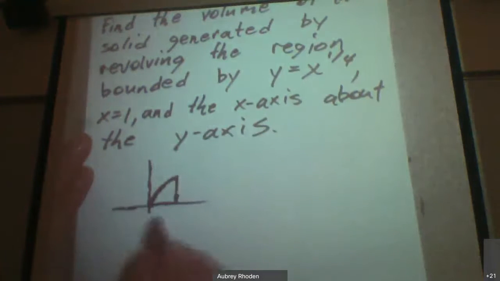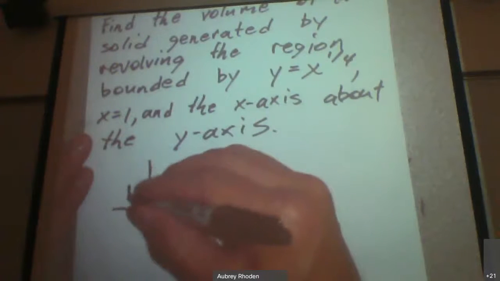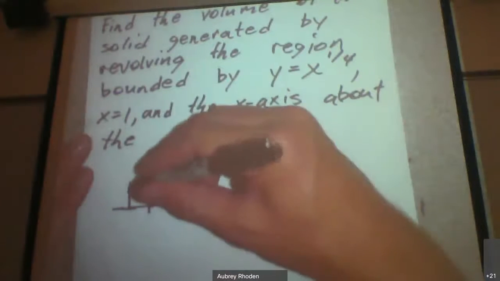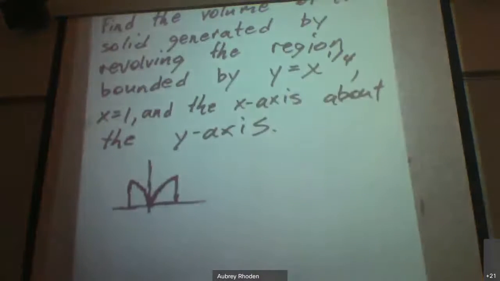Extend this out a little bit more. Okay. Now, I'm not going to draw the full revolution because it's just going to make it look very messy.